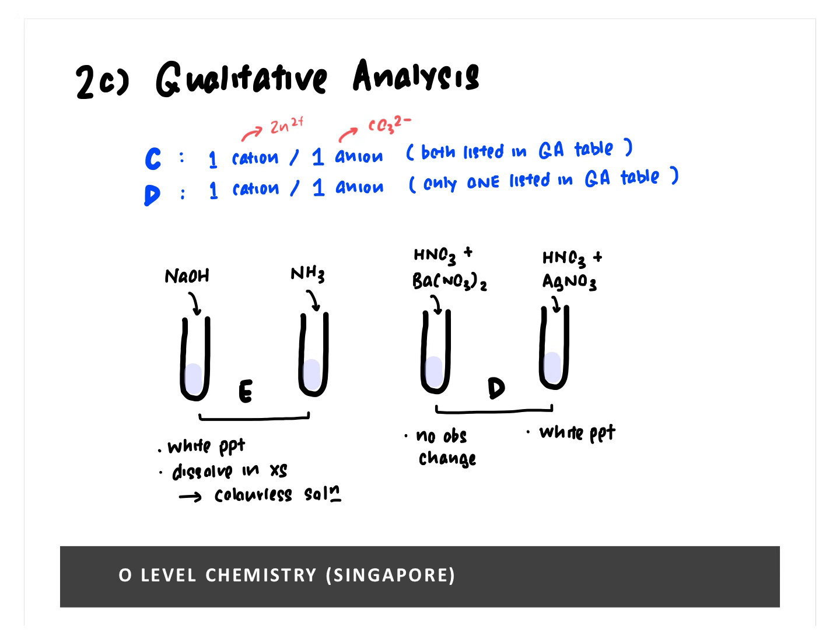I think some of you are going to write no ppt formed. That's when you don't read the instructions carefully. The instructions say that if there is no change, you write no observable change. I don't know whether they are going to accept no ppt formed. It really depends on the mark scheme, but I think generally it should be okay. For silver nitrate, you get a white ppt, which goes on to confirm that the anion in D is chloride.